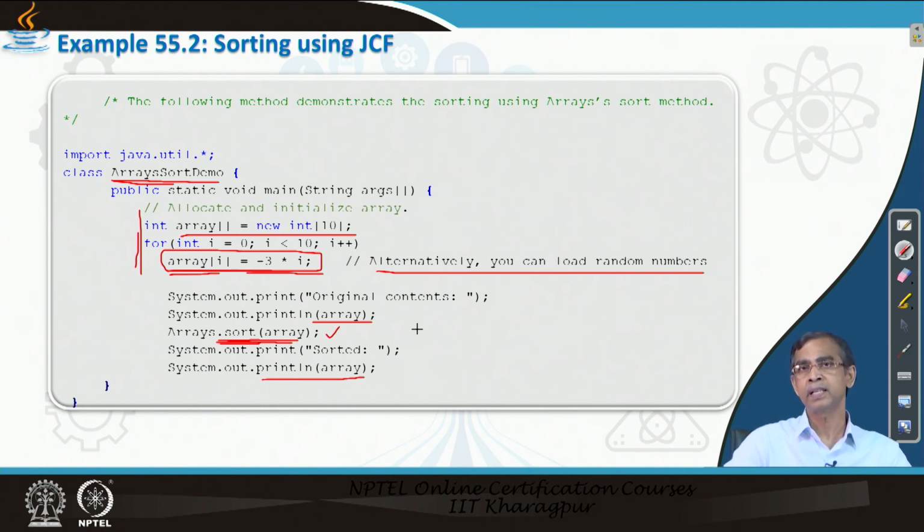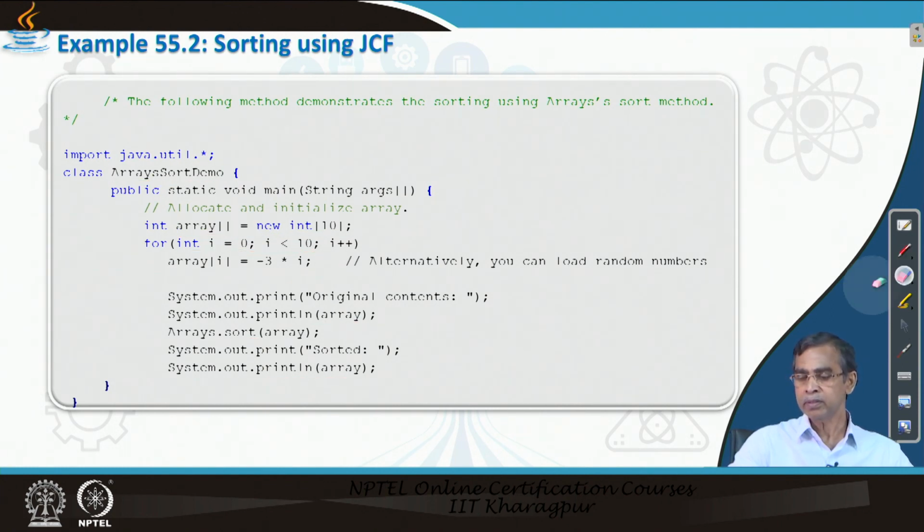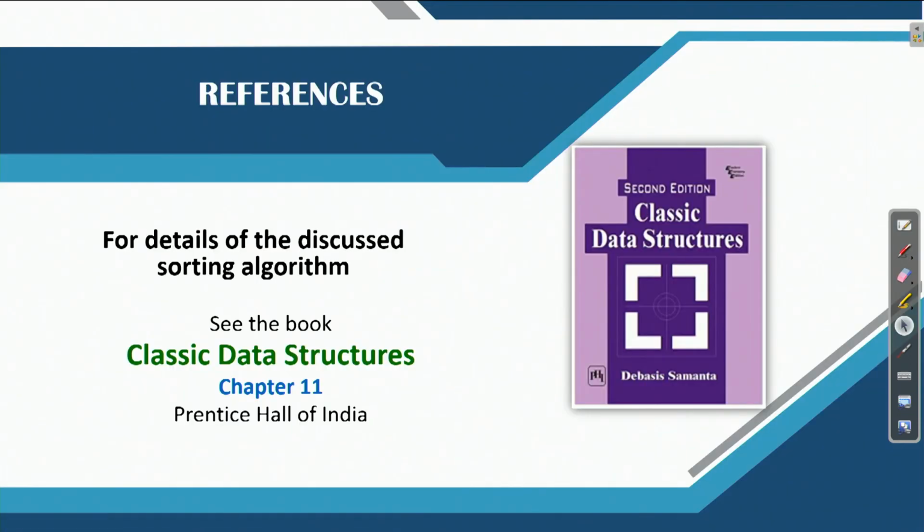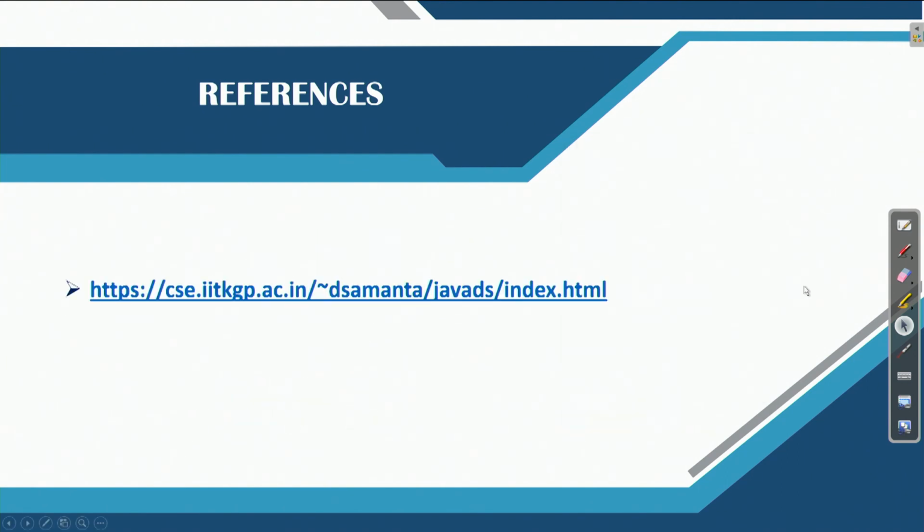So, explicitly they do not define any sorting method for that, except this Arrays class, which includes the sort method defined in it. So, this is basically the idea about sorting using JCF. There is not much information about sorting techniques in the Java collection framework, and that is all.